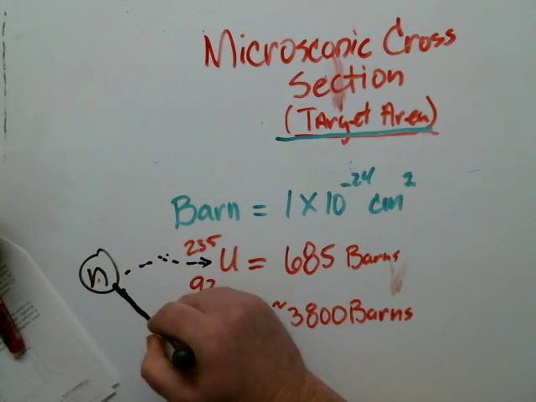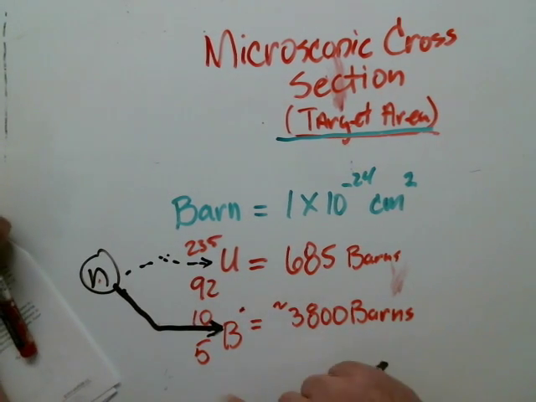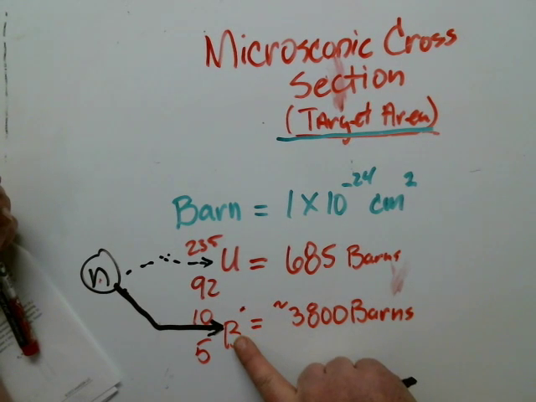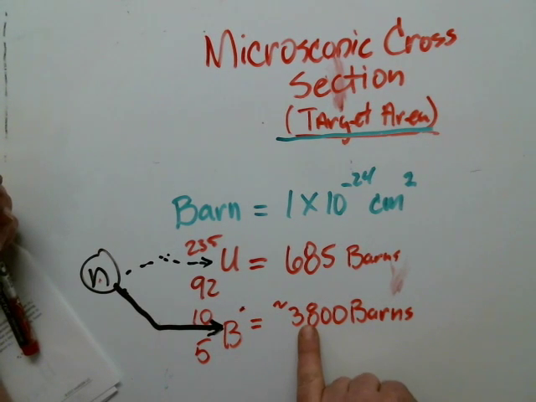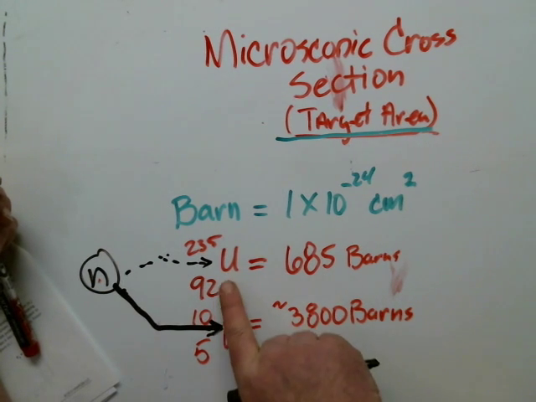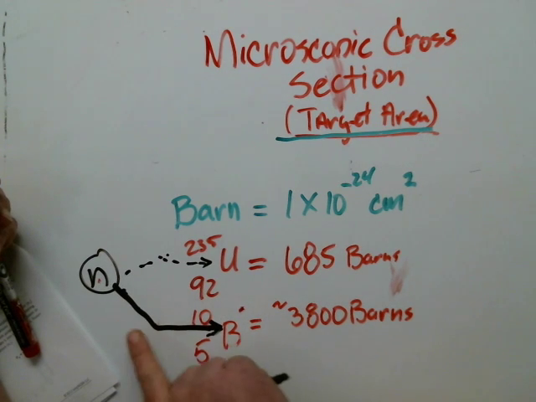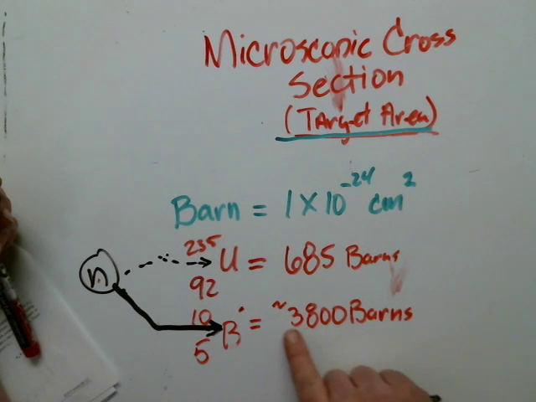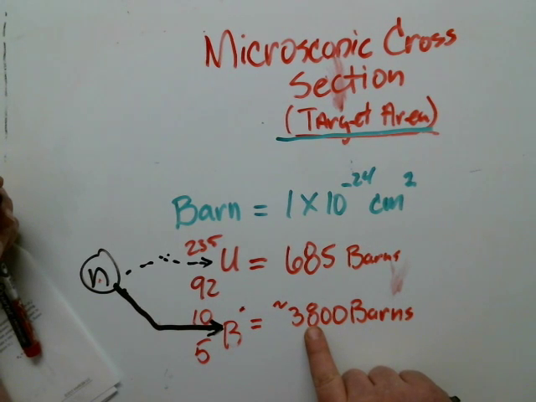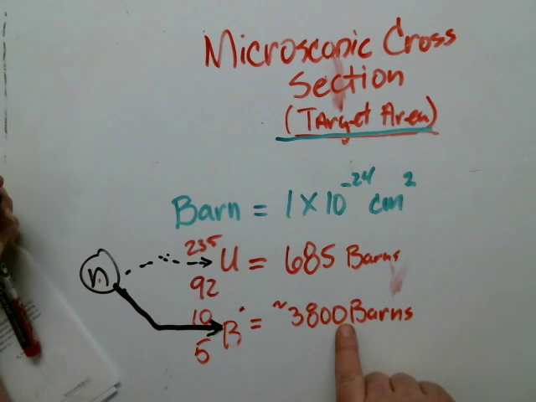Well, it is a no-brainer. It is 5 to 6 times more likely to interact with the boron because of the increased target area. But in reality, it's probability, because you already know the uranium is much larger physically than the boron, but there's a higher probability that the neutron will interact with the boron. That's because it has a higher microscopic cross-sectional area, 5 to 6 times.